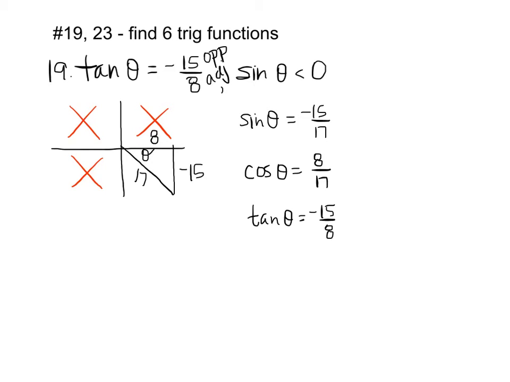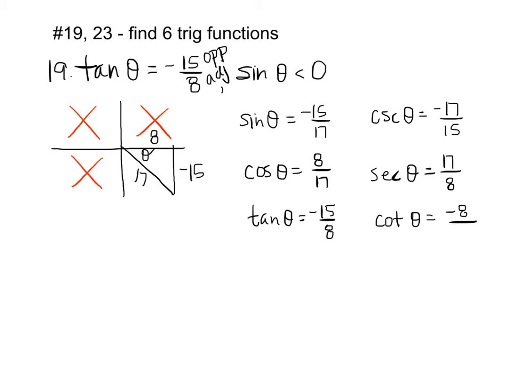And then we just use those to find our reciprocals. So the reciprocal of sine is cosecant, and that's negative 17 fifteenths. Reciprocal of cosine is secant, so I'll flip cosine and get 17 eighths. And then the reciprocal of tangent is cotangent, and that would be negative 8 fifteenths. And there's that.